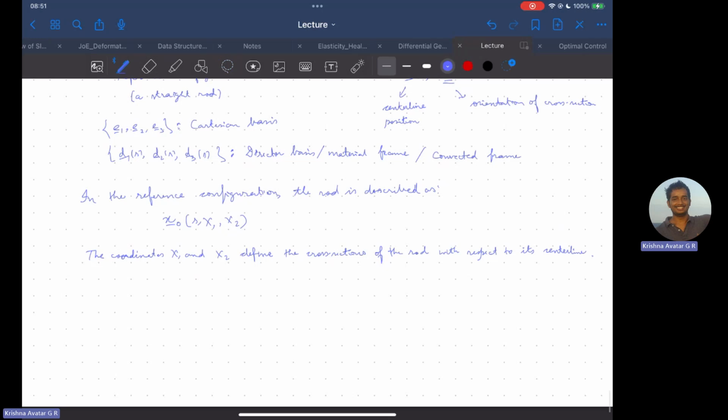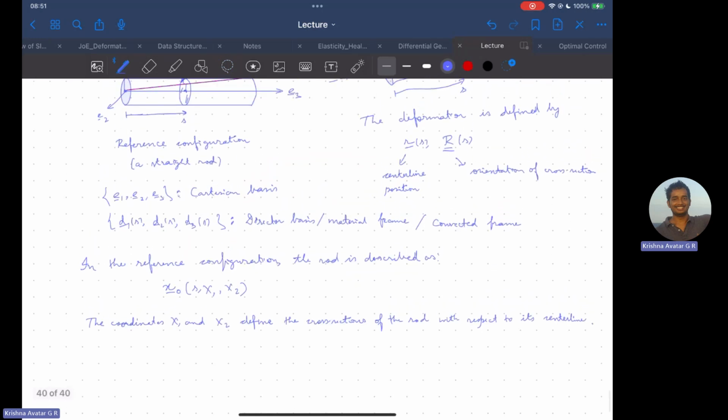So in the reference configuration, the rod could be described in terms of S, X1, and X2. X3 happens to be S itself.